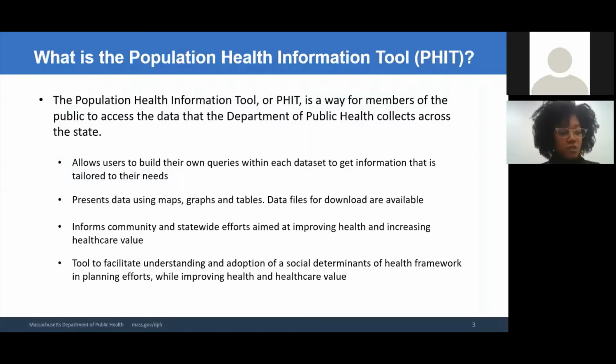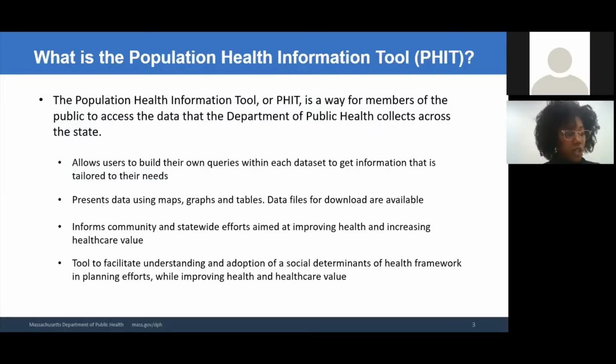The goal is to serve as a primary database, not only for people who work within the Department of Public Health, but also to give the general public access to a wide variety of data being collected across the state. In the past, DPH has had other systems like MassChip that were available to provide data, but with PHIT, the goal is to provide context and framing of data with more descriptions of what the data actually includes, which can be viewed in each dataset landing page.